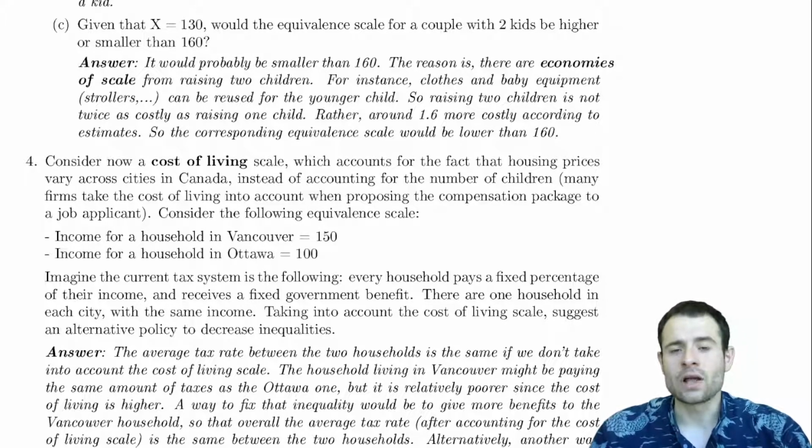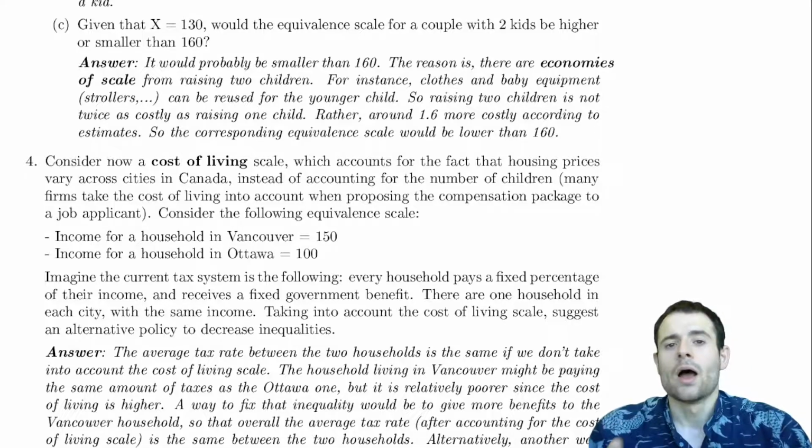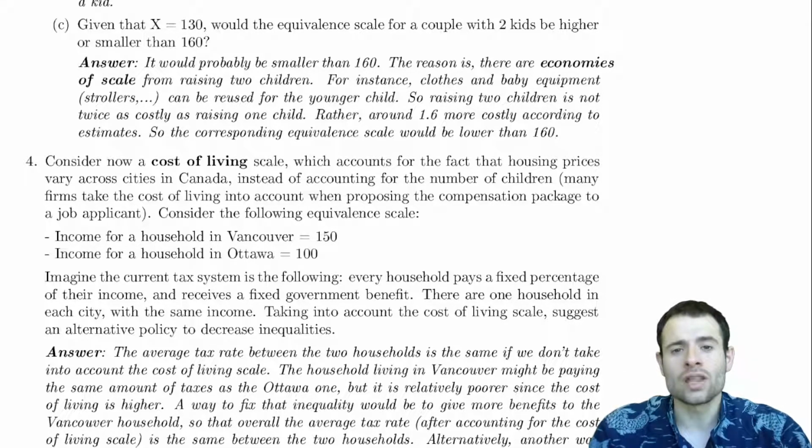So instead of accounting for the number of children, we would look at somebody who makes $100,000 and lives in Vancouver versus somebody who makes $100,000 and lives in Ottawa, Halifax, Toronto, or a way smaller city somewhere in the north.